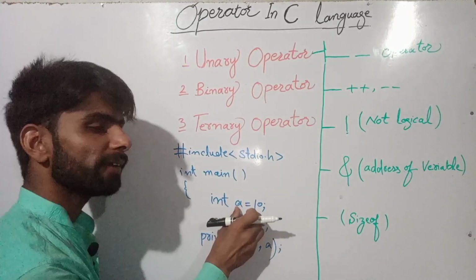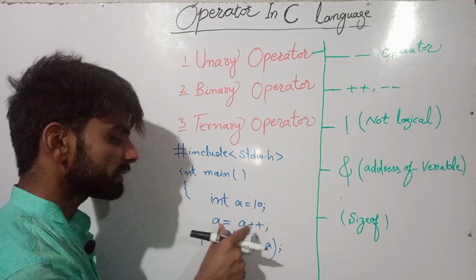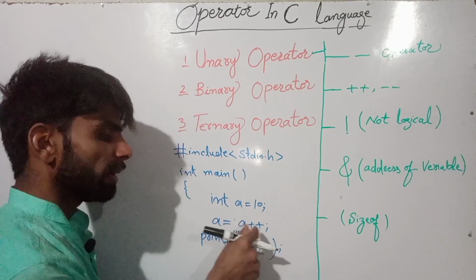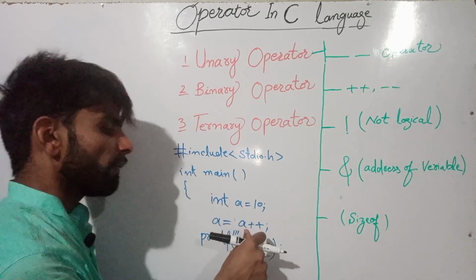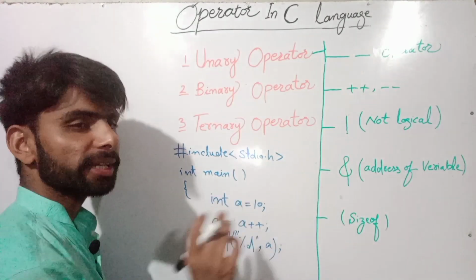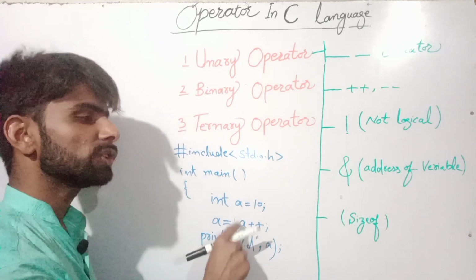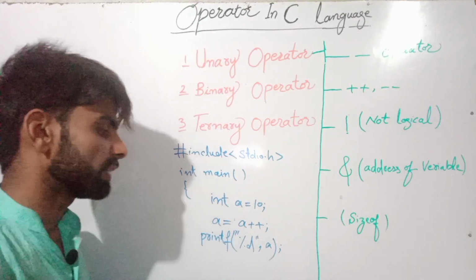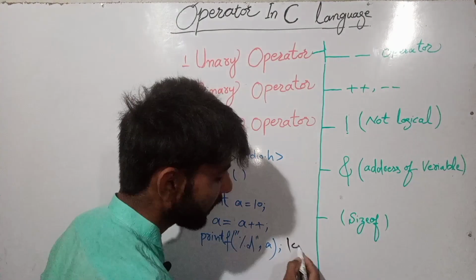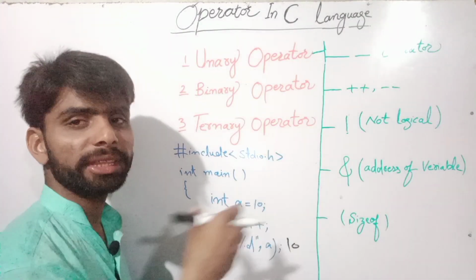First of all, you have to declare the variable in the memory. The value 10 is stored in the memory, right? When this statement is executed, a is equal to a increment, where we have written the increment after the variable. This is the post increment. So the variable value is used in all the steps of the program. If we want to print it now, the value 10 is printed on the screen, and the increment increases the value in the memory.